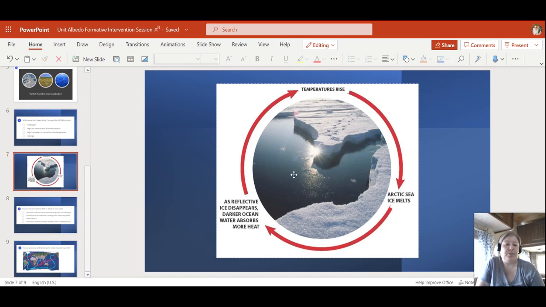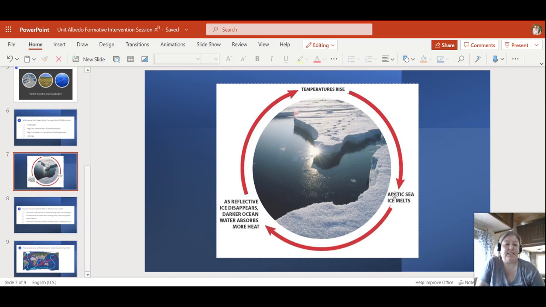The ocean's dark blue. Remember, it only reflects about 6% of its light. So because it's getting warmer, more light is absorbed, so the temperature is rising.